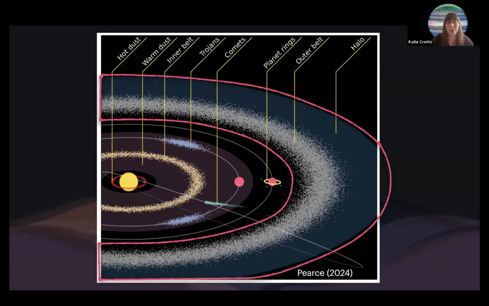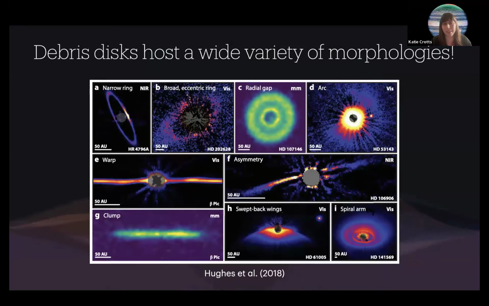And of course, we're also interested in the planets in these systems, where we expect that there are likely planets on the edges of their solar system that are interacting and sculpting their debris disks. And we have some evidence to back this up.